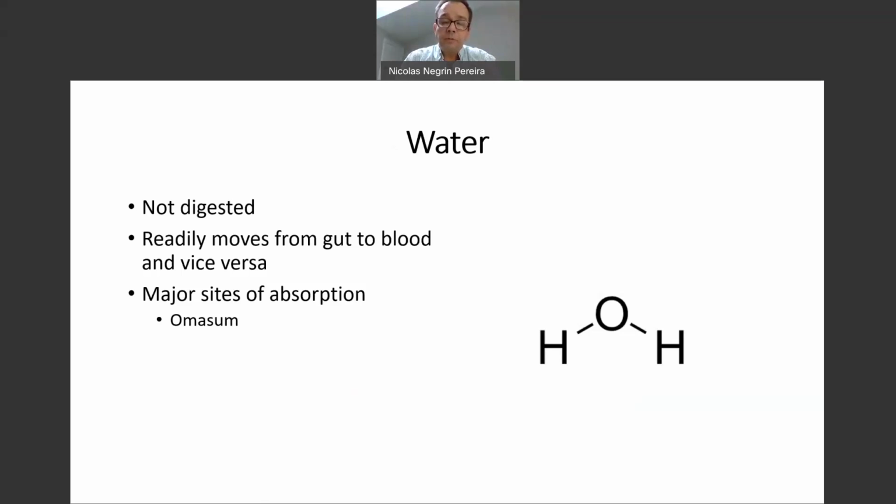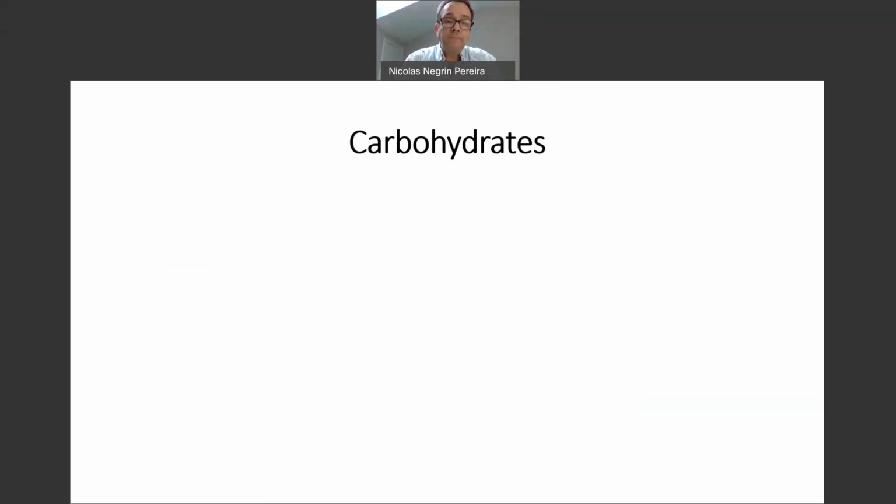The role of the omasum is still not very clear within the digestive process, but at least we know that it's an important place for water absorption in ruminants. And of course, the ileum and the colon will be the 2 regions of the intestine where most of the water absorption is going to take place in the animal.